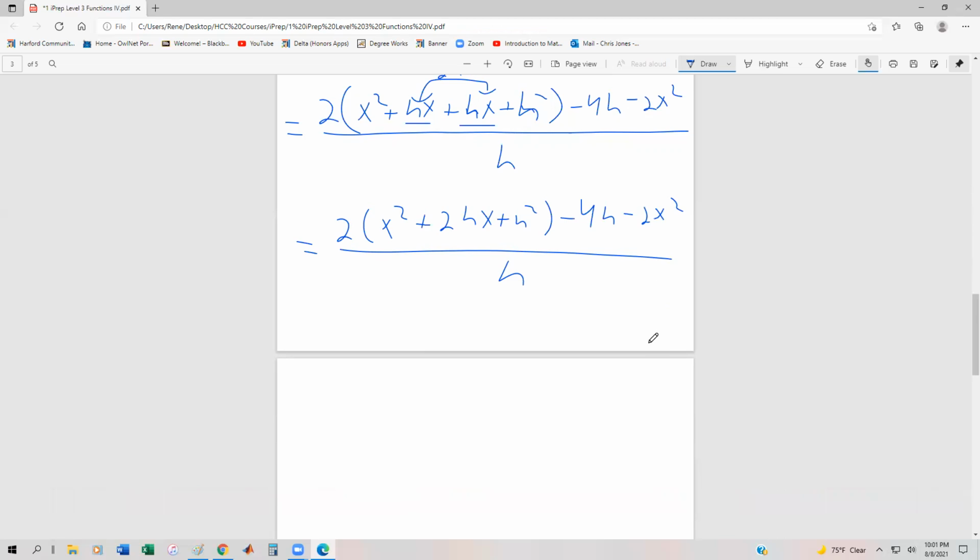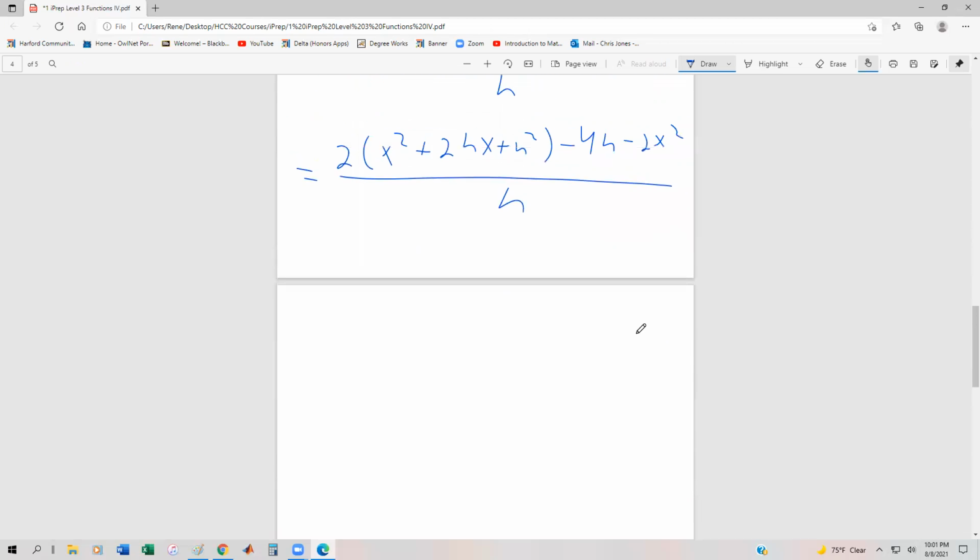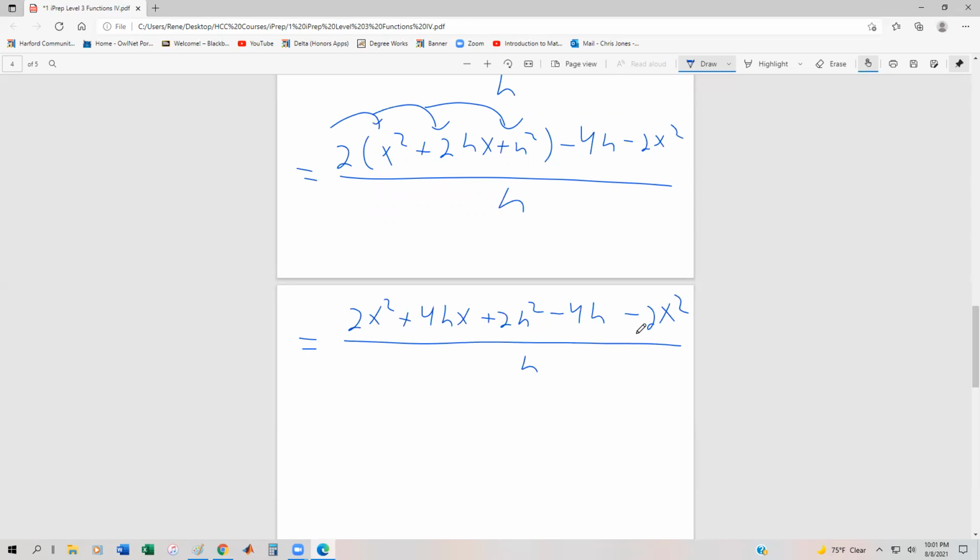And now we're going to distribute the 2. So we get 2x squared plus 4hx plus 2h squared. So we just took 2, distributed all 3 of those, minus 4h minus 2x squared divided by h.